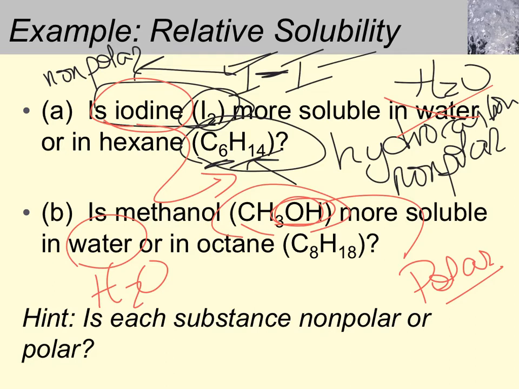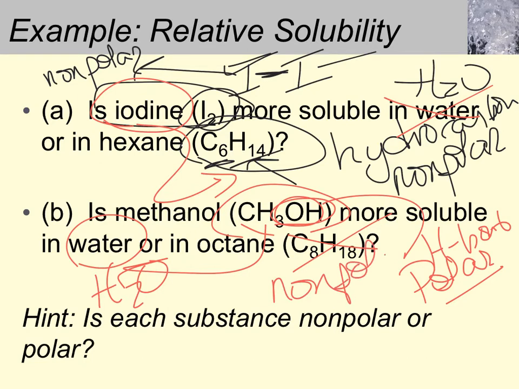That's a polar compound. It's also capable of hydrogen bonding, and so it would be expected to be very soluble in water, which it could also hydrogen bond with. Octane is a hydrocarbon. We would expect that to be nonpolar, and therefore we would not expect methanol to dissolve in octane.